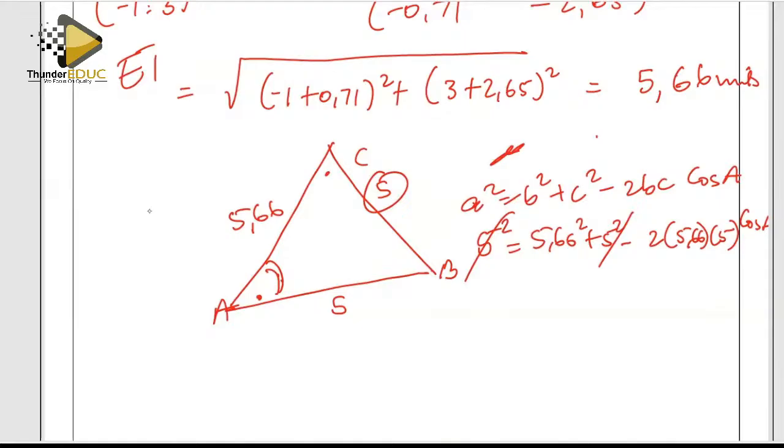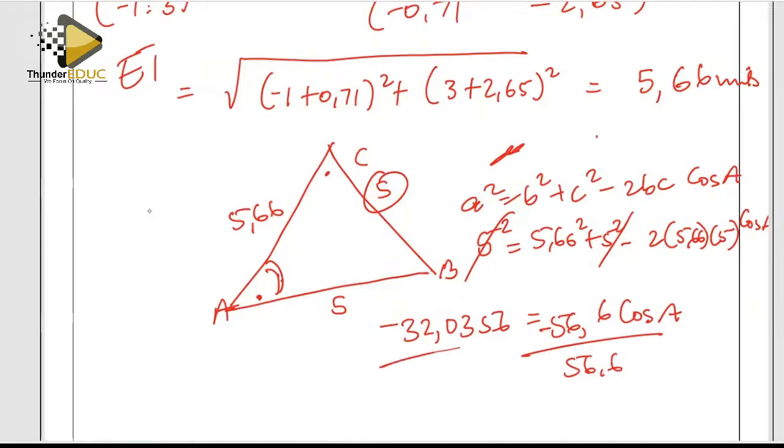So 5,66 squared becomes 32,0356 negative is equal to 2 times 5,66 times 5, which becomes a 56,6 cos of A. It's also negative 56,6 over negative 56,6.